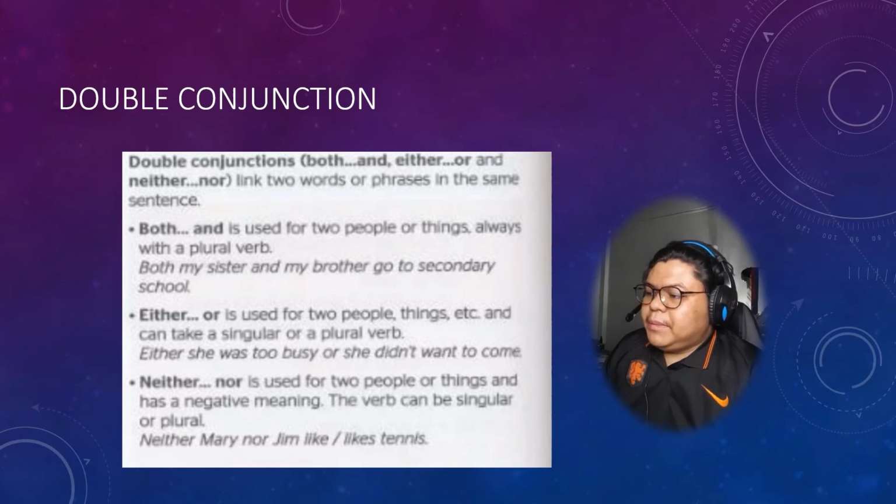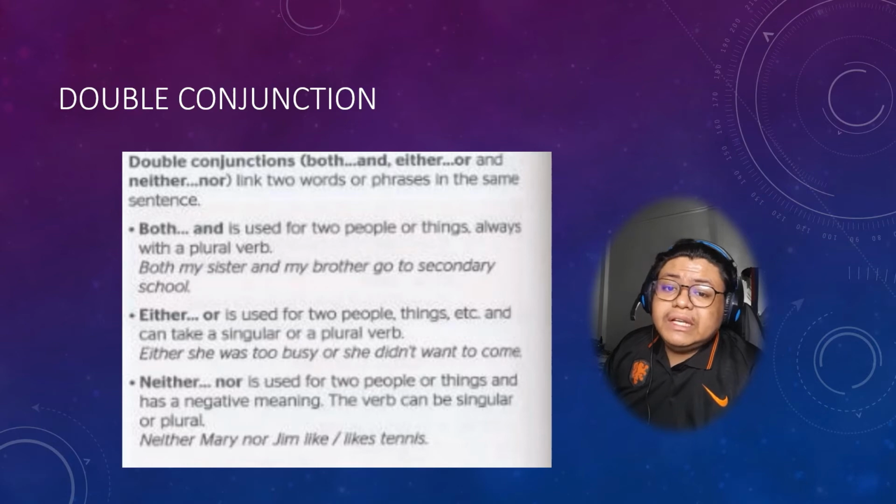Okay, now we are talking about either or. Okay, is used for two people or two things or other two subjects, and can take a singular or plural verb. Verb yang datang tu boleh jadi singular ataupun plural sebab dia either tau. Okay, maksudnya salah satu. Okay, tak semestinya kedua-duanya. Okay, kalau tadi kedua-duanya, so mesti dalam plural form. Either she was too busy or she didn't want to come.